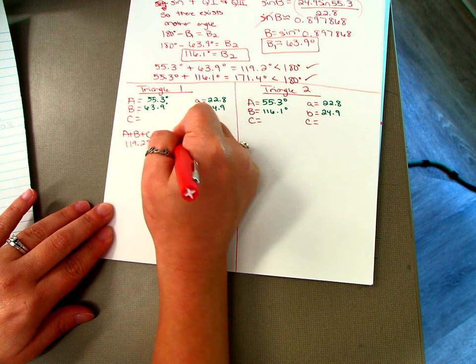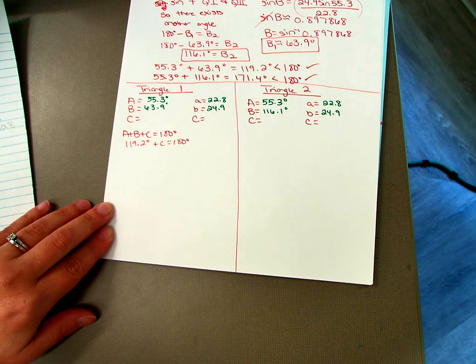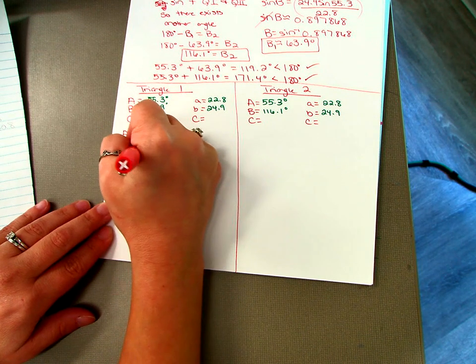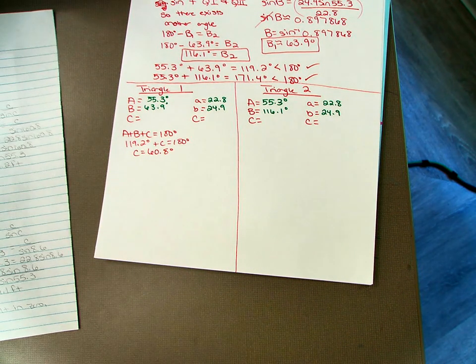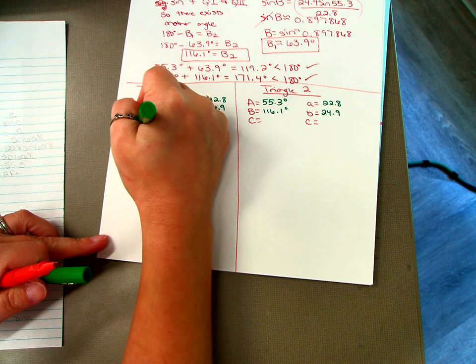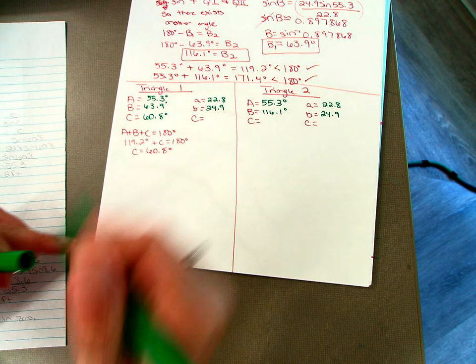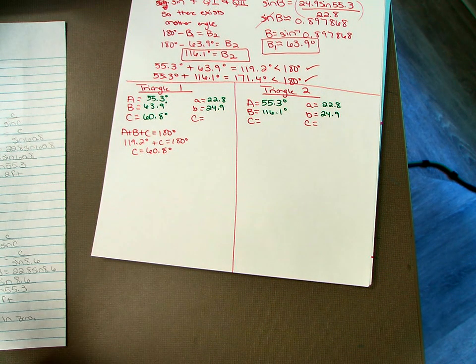So we just need to subtract that from 180, and we find that C is 60.8 degrees. So now what do you think we need to do in order to figure out the side length of C?